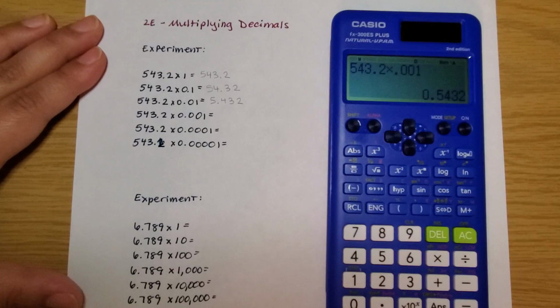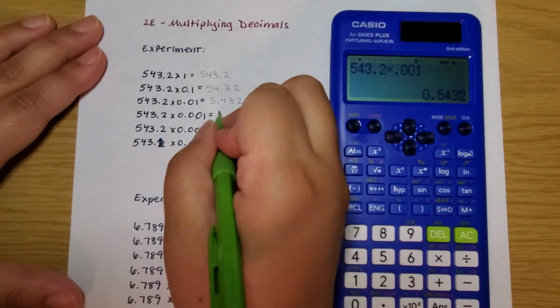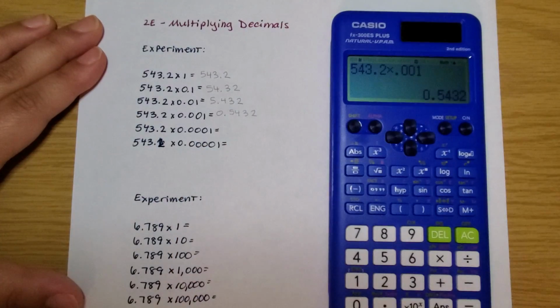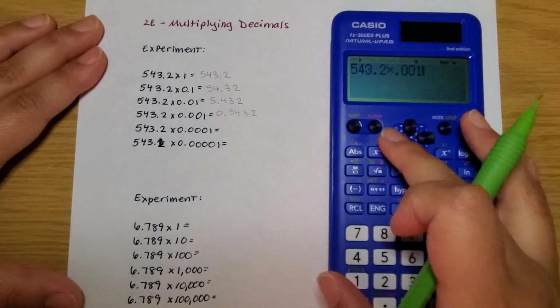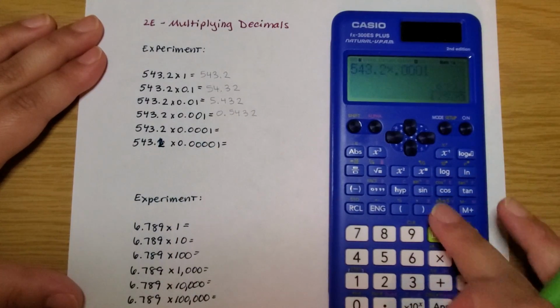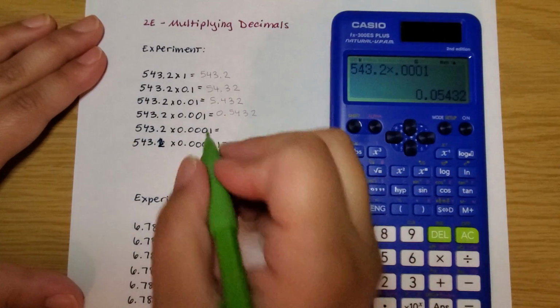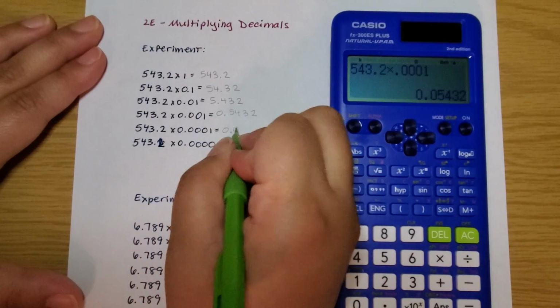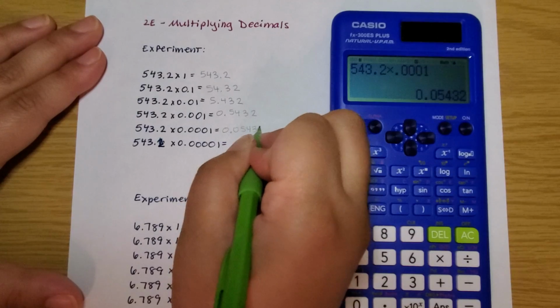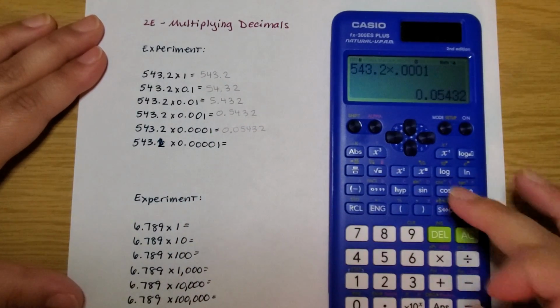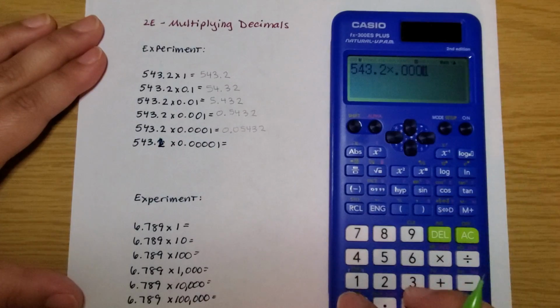So we've got 0.5432. Tack another 0 in there. And now there's 0.05432. So I bet the next one, there's going to be another 0 in between.